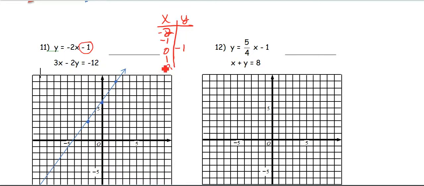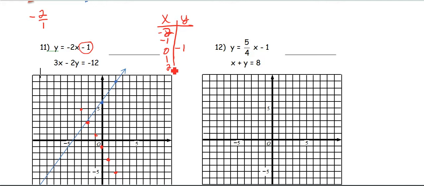Alright, so if I have 0, negative 1, and I look at my slope, it's a negative 2x. That is the same as negative 2 over 1. So I could go down 2 over 1, or I could go up 2, left 1, up 2, left 1, up 2, left 1.